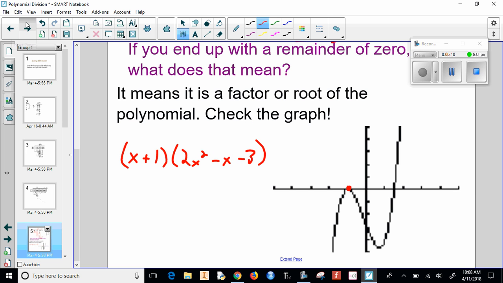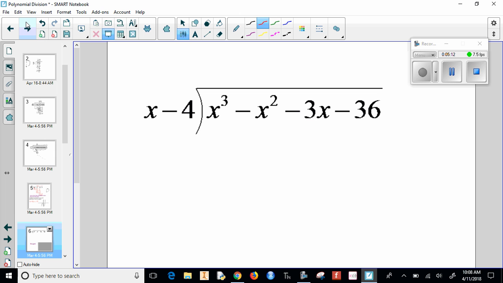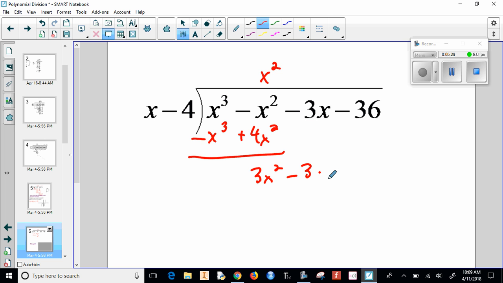All right, now we're going to try this. X goes into x to the third, x squared times, multiply it out, add it up, and now I have 3x squared minus 3x. I'm going to put 3x here. So I have 3x squared minus 12x. When I subtract, I change those signs.